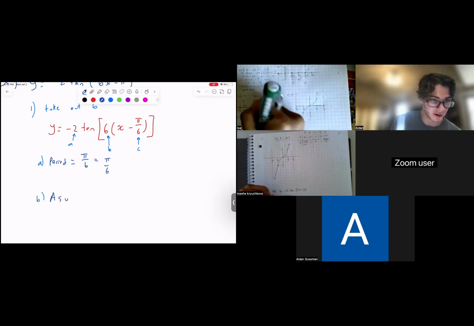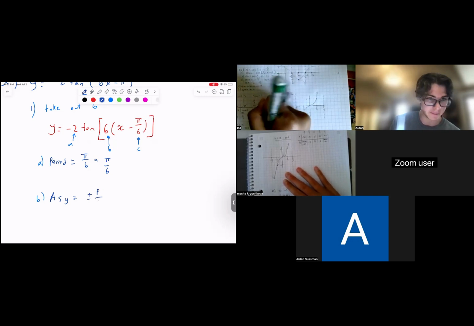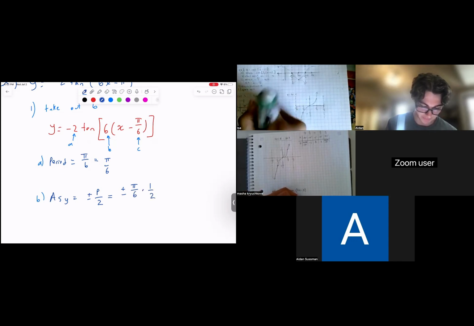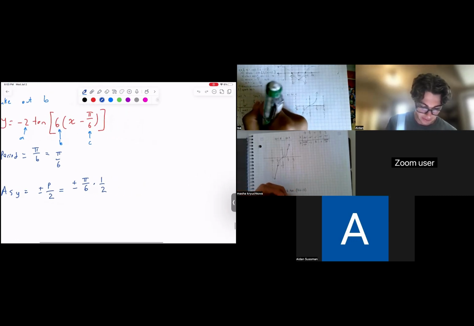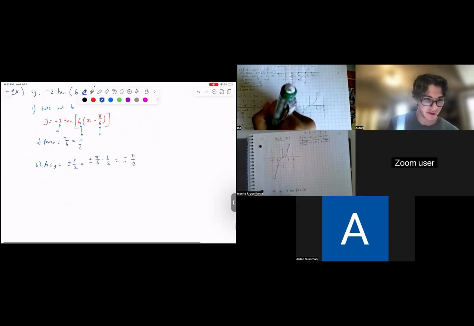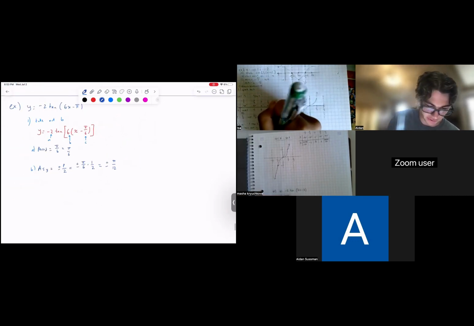If we want to find our asymptotes, that's just plus and minus the period divided by 2, which is plus and minus pi over 6. Remember, I like to do my division like this: divided by 2 is the same thing as multiplying by 1 over 2. That's just plus and minus pi over 12. So there's my asymptotes.